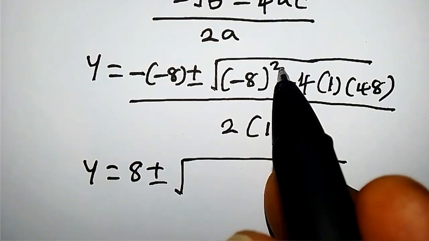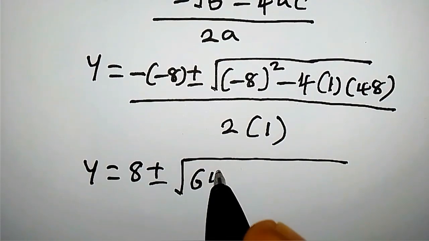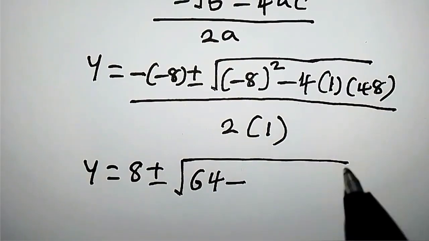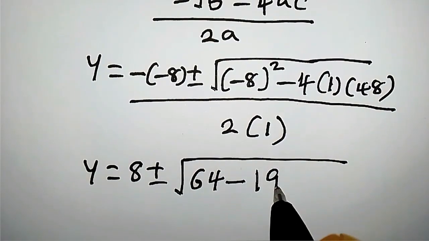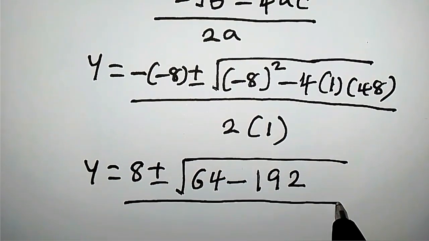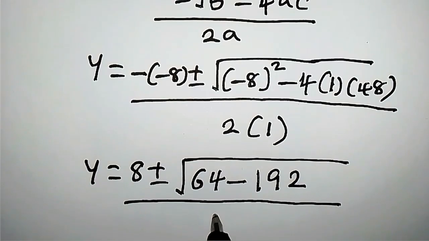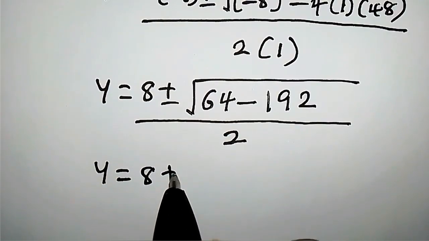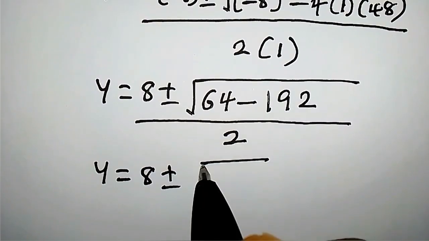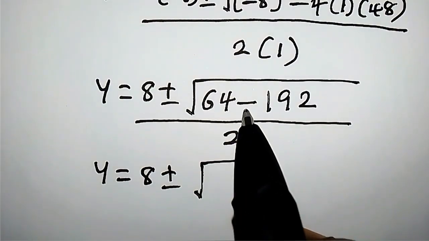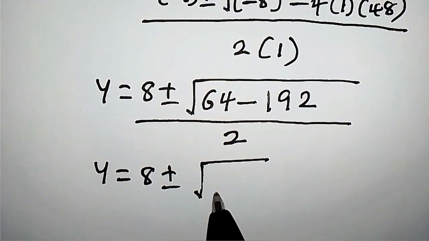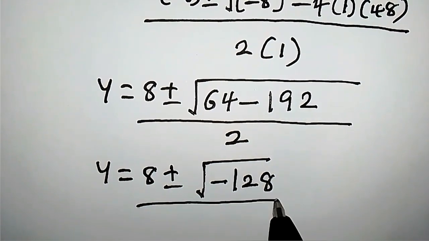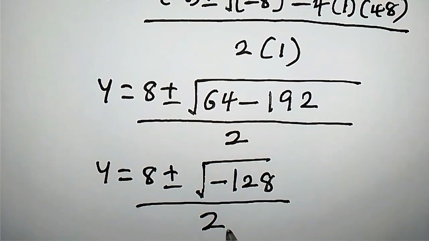Let's continue. y is equal to minus times minus 8, that is 8, plus or minus square root of minus 8 all squared, which is 64, minus 4 times 1 times 48, which is simply 192, everything divided by 2 times 1, that is simply 2. y is equal to 8 plus or minus square root of 64 minus 192, which is minus 128, divided by 2.